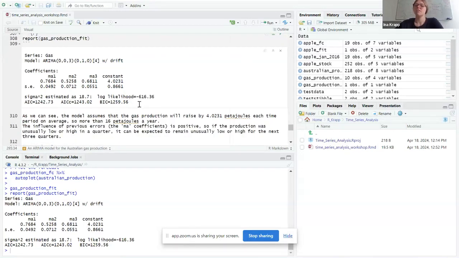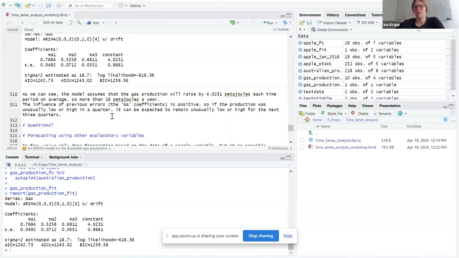Now, the gas production is measured in petajoules, so this is why this result, an increase of 4 for each season, may not sound like a very large number, but it is a very large number. 16 petajoules per year, this is a lot of energy.